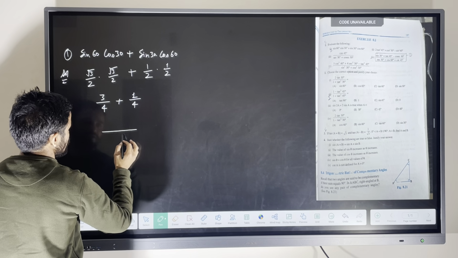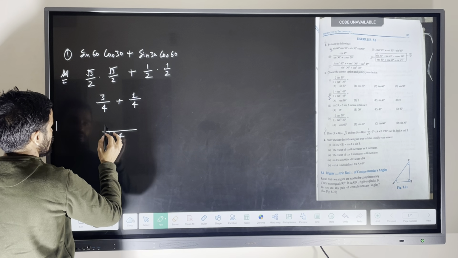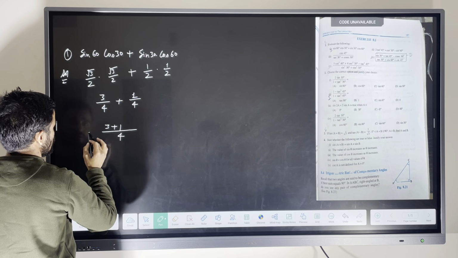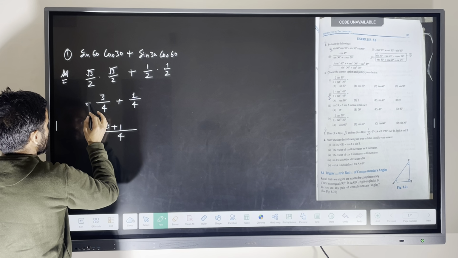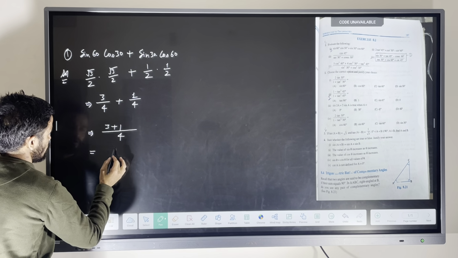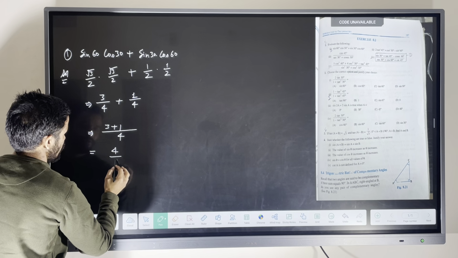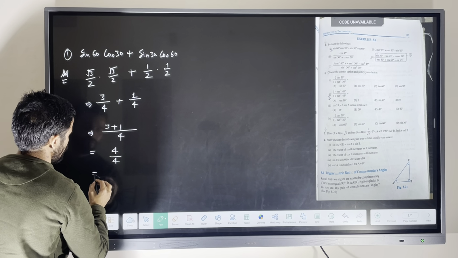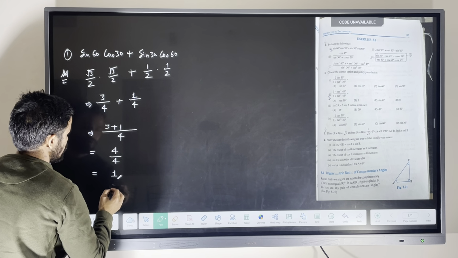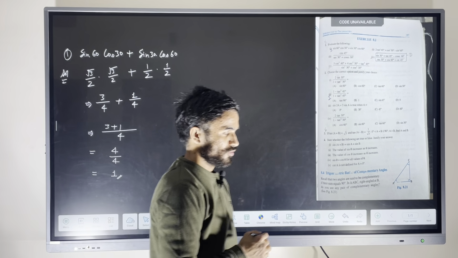So if we take LCM over here, LCM will be 4. Now 3 plus 1 is equal to 4 by 4, and 4 by 4 is equal to 1. So now we have solved this numerical.